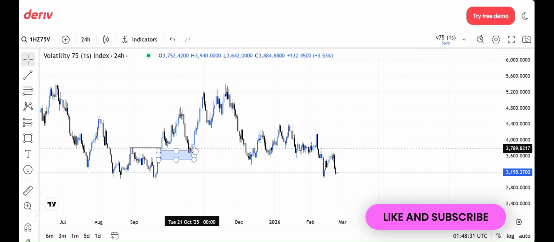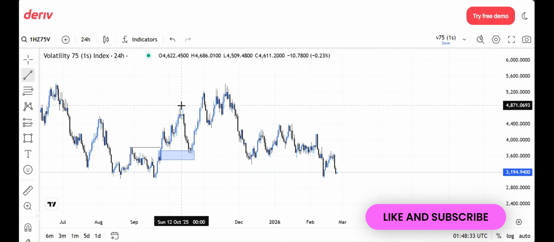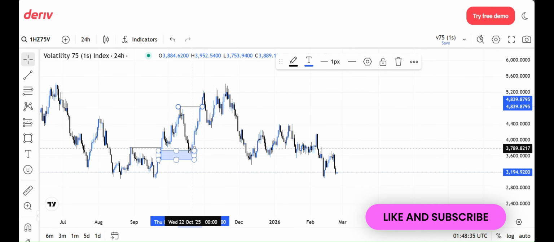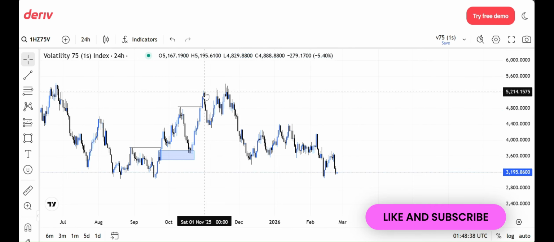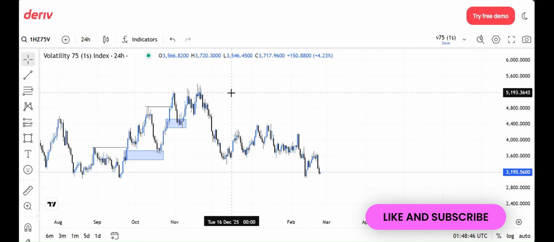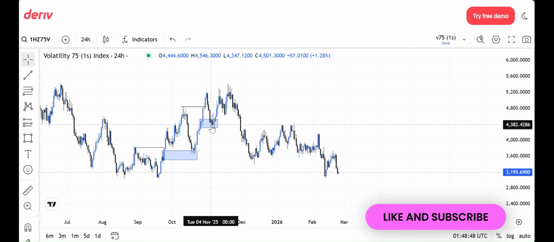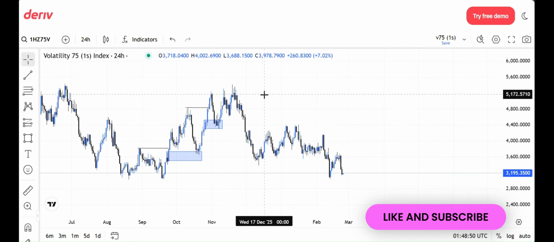Then there was another break of structure here to the upside. The price went, and then it retraced to the zone, and after the retracement to the zone, there was no break of structure.